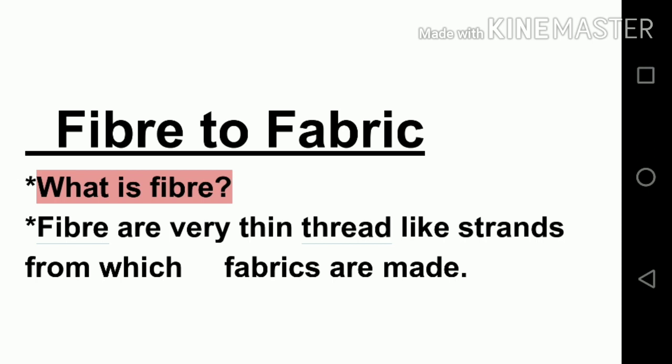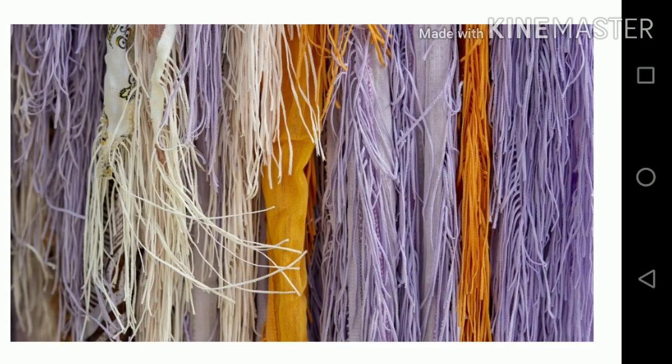Fibers are very thin thread-like structures or strands from which fabrics are made. Here are some fibers I am going to show you through this lecture. On your screen, you can see certain fibers that help to make fabric.